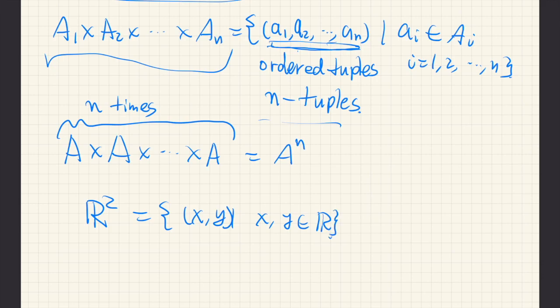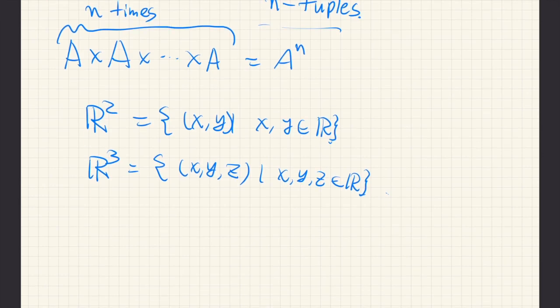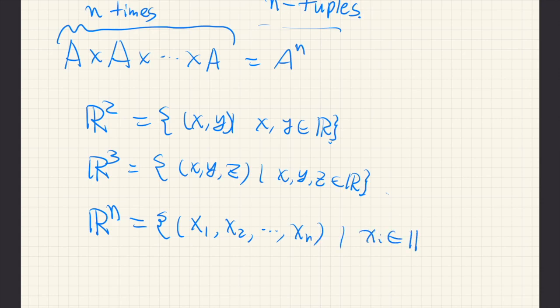So this is a two-dimensional plane. And R3 is three-dimensional space, (x, y, z), where x, y, z are all real numbers. And so on. In a similar manner, we can define n-dimensional Cartesian space. We don't have n letters for arbitrary n, so let's write x1, x2, up to xn, where xi is a real number for all i from 1 up to n.